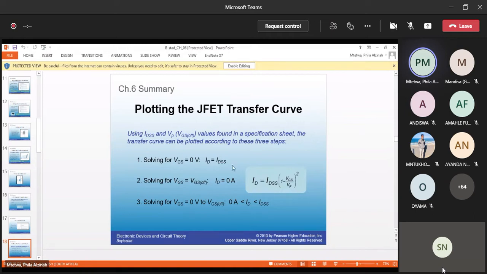When VGS is 0, ID is equal to IDSS, so it's saturated. As you saw on that slide, ID being saturated is 8 milliamps. Then you solve for VGS equal to VGS off, which is the pinch-off voltage. On the previous slide, it was showing as -4.